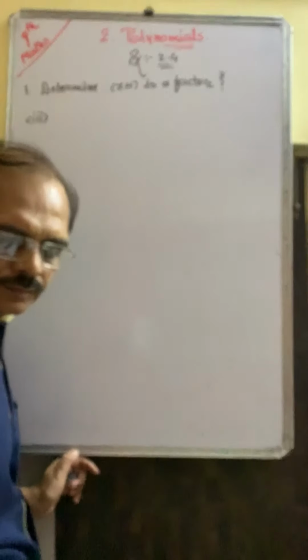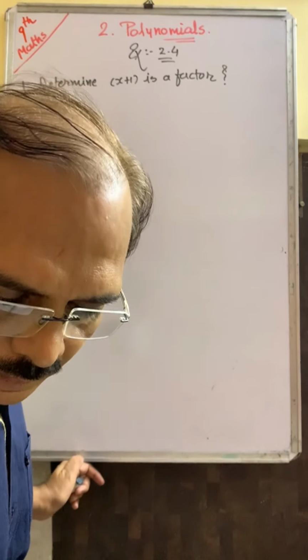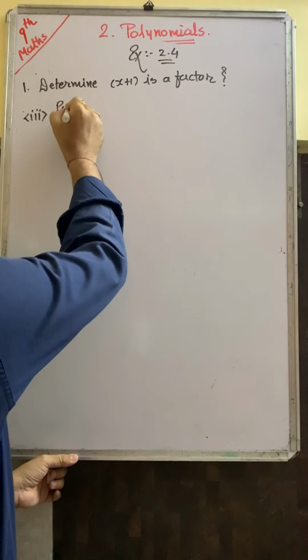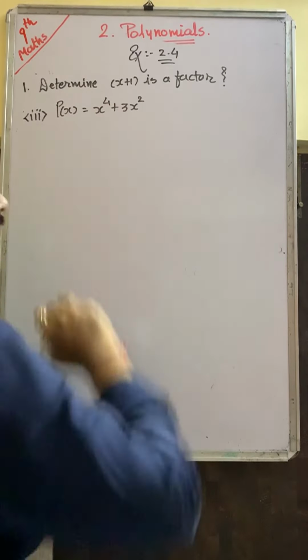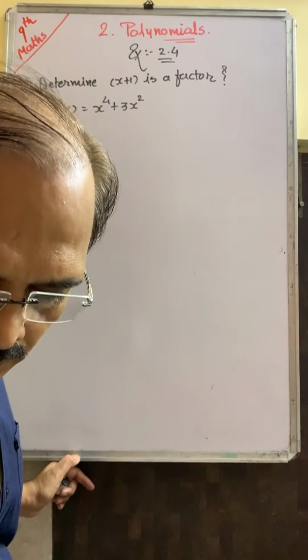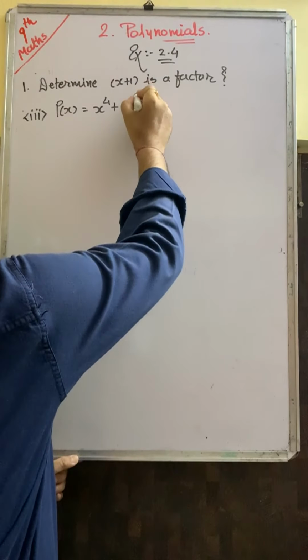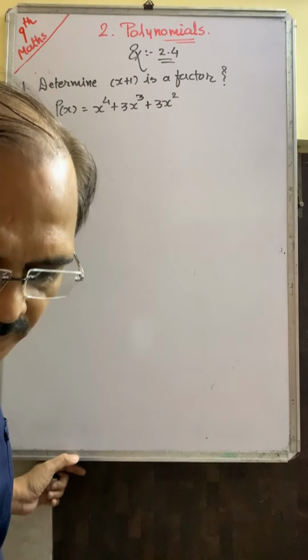Third number: x raised to 4 plus 3x cube plus 3x square plus x plus 1.